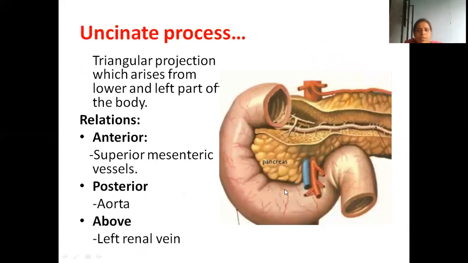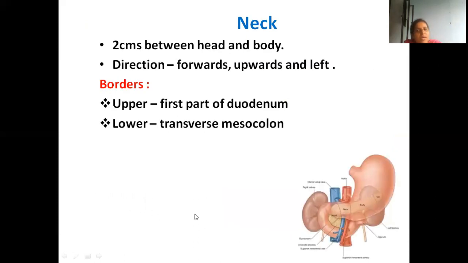So this whole thing is the head, and this projection is the uncinate process. Anteriorly, this uncinate process is related to the superior mesenteric vessels. If you remove this uncinate process, behind we have the aorta, and above we have the left renal vein. So many relations you will have.